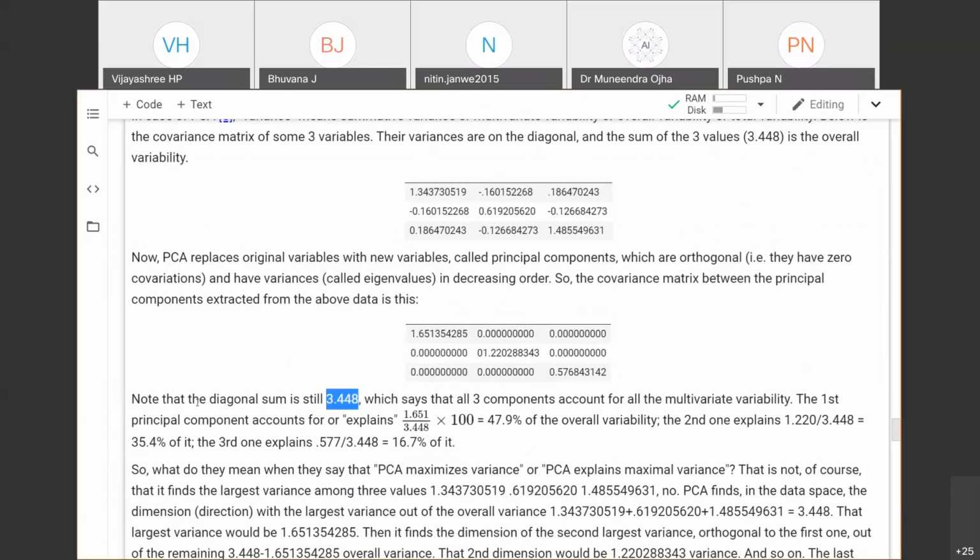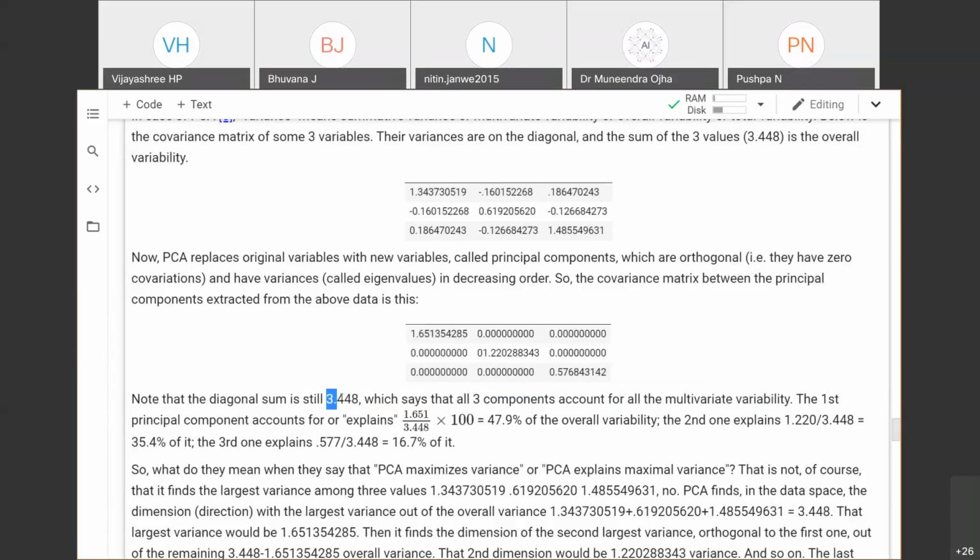So the diagonal sum is still 3.448, which says that all three components account for all the overall variability of the data. Originally there were three variables, now again we have three principal components, so three principal components account for all the multivariate variability, the total variability.